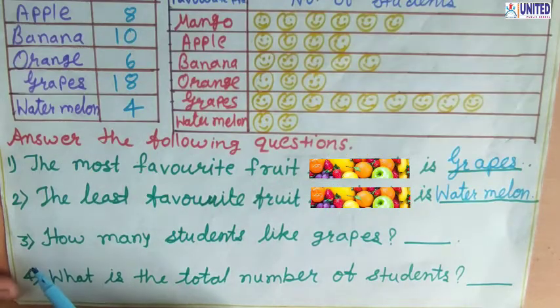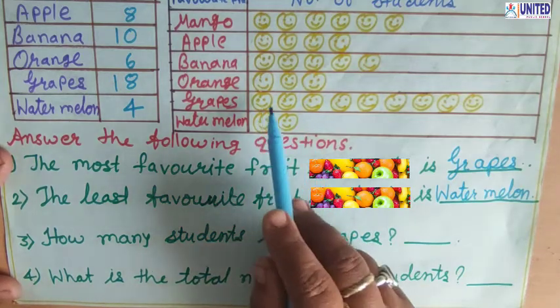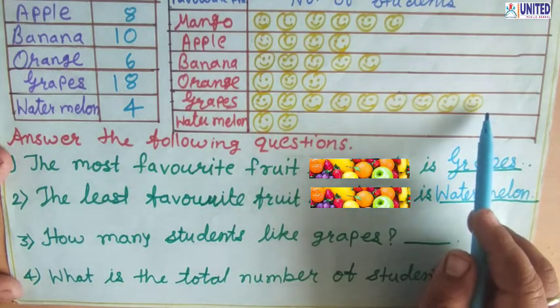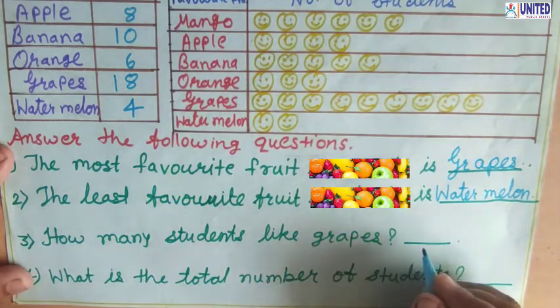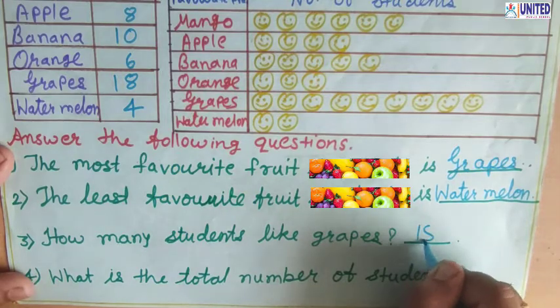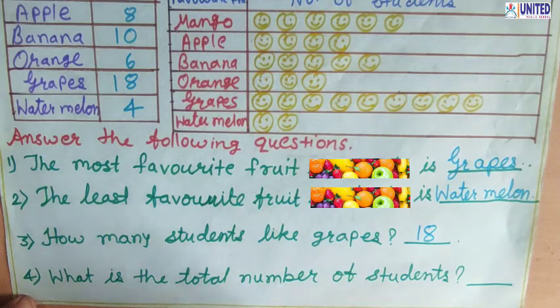Now number 3. How many students like grapes? Let us count the smileys here. Total 9 smileys. That means 1 smiley for 2 students, that means total 18 students. So we write down here 18. Fourth number. What is the total number of students?